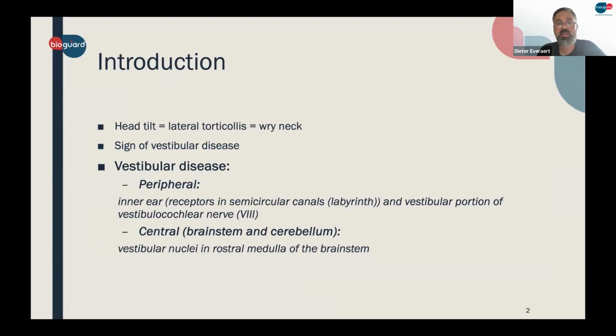The peripheral part is the inner ear, or more in detail, the receptors in the semicircular canals or the labyrinth, and the vestibulocochlear nerve. The central part of the vestibular disease is located in the brainstem and cerebellum, and more in detail, the vestibular nuclei in the rostral medulla of the brainstem.